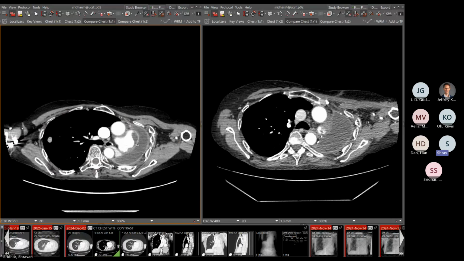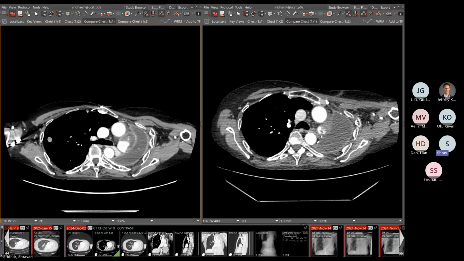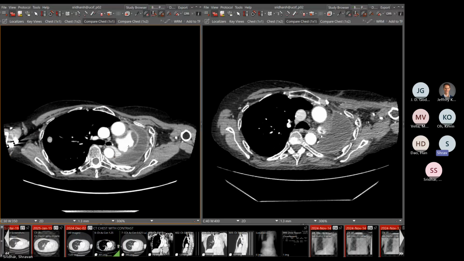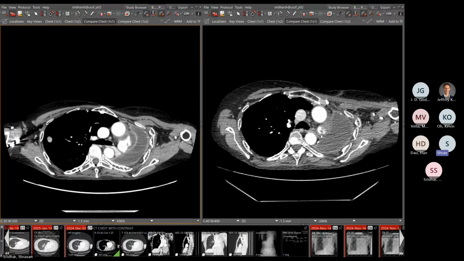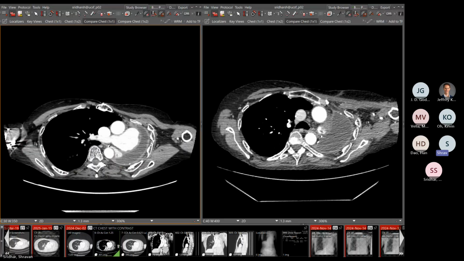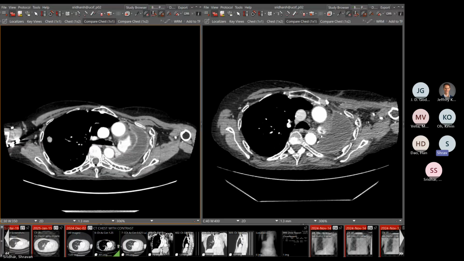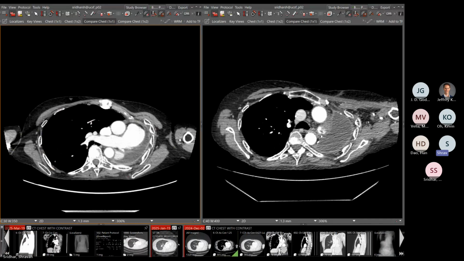And we see a filling defect here at the superior aspect of the pulmonary artery, and it looks fairly hypoattenuating and kind of layering along the dorsal aspect of the pulmonary trunk. And the rest of the pulmonary artery looks okay. So this is negative at this point.